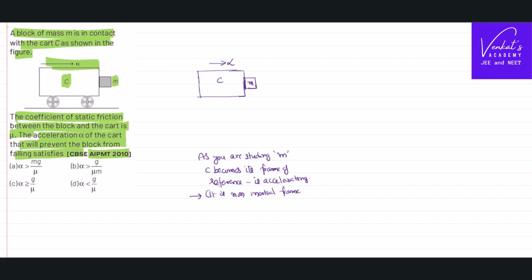So to compensate for that non-inertial frame on the block, we shall imagine a pseudo or non-existing acceleration. So to eliminate the impact of the non-inertial frame on the block, let me imagine a pseudo acceleration alpha. This is not actually there, but this is pseudo.